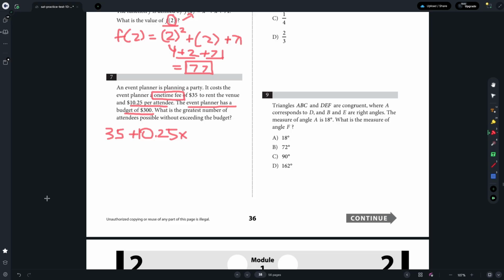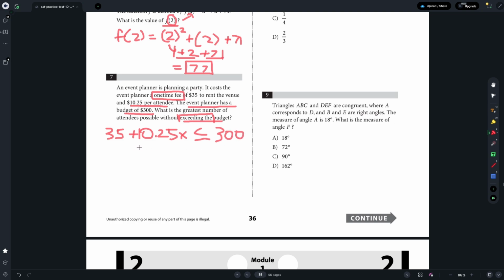So you would have to use less than or equal to. This is like saying it has a maximum. The question says without exceeding the budget, so it doesn't want to exceed the budget. So the maximum sign would be less than or equal to, and it would be 300.